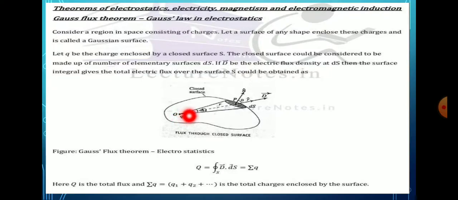So let us consider a positive charge. A closed surface of any shape can be imagined surrounding those charges. Such a closed surface is called a Gaussian surface.